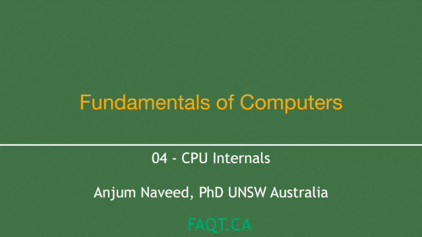Carrying forward from the previous session, in this session we will first discuss the internals of a computer and specifically the internals of a CPU, and following that we will continue our discussion on CPU operations and instructions.